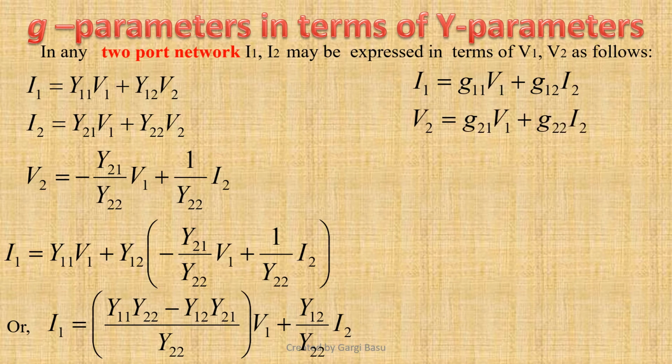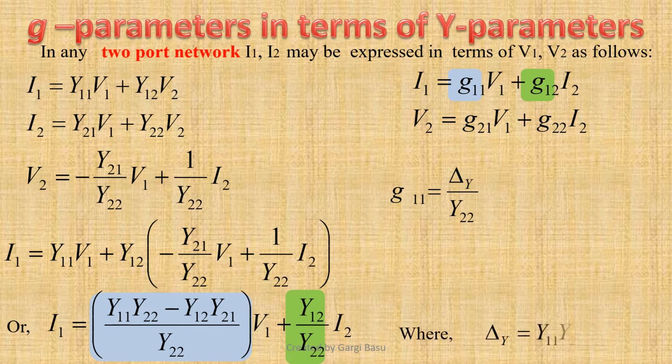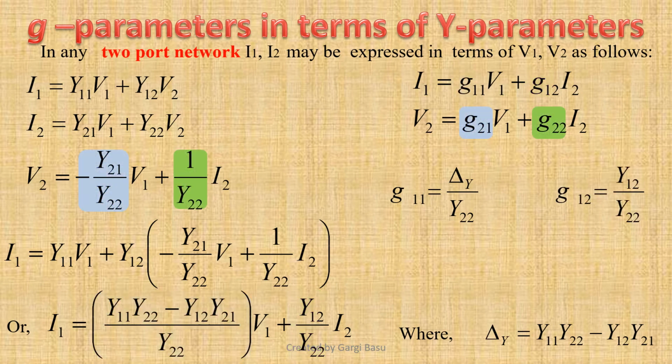Comparing the expressions of I1, we get G11 equals delta Y by Y22, where delta Y equals Y11 Y22 minus Y12 Y21, and G12 equals Y12 divided by Y22. Now comparing the expressions of V2, we get G21 equals minus Y21 by Y22 and G22 equals 1 upon Y22. Now we have expressed the G parameters in terms of Y parameters.